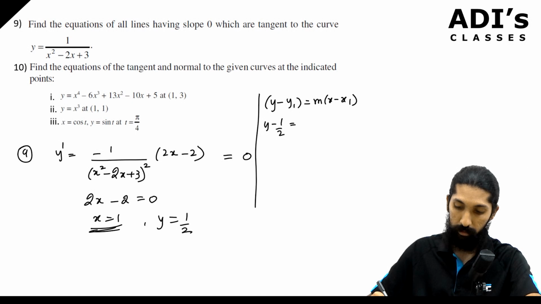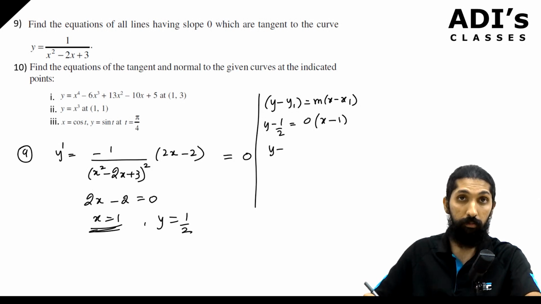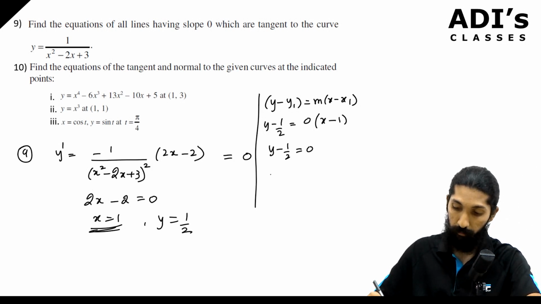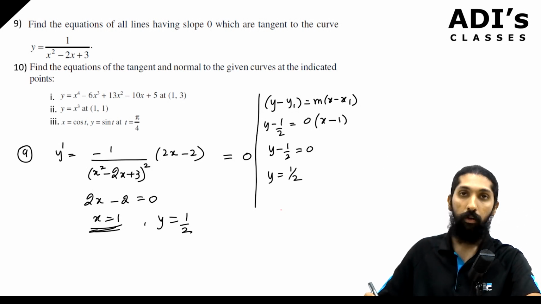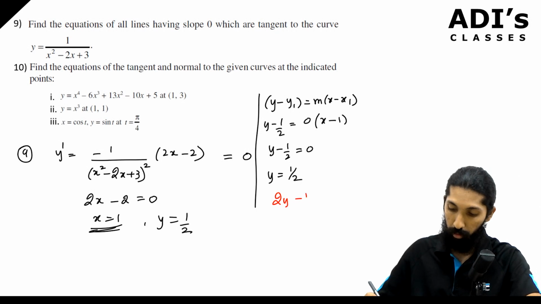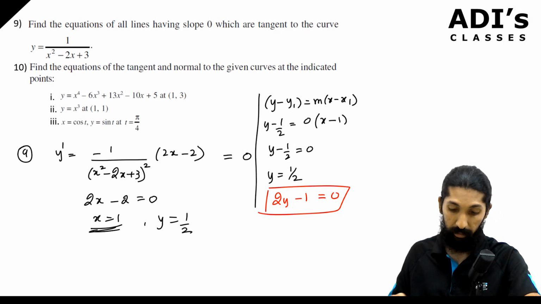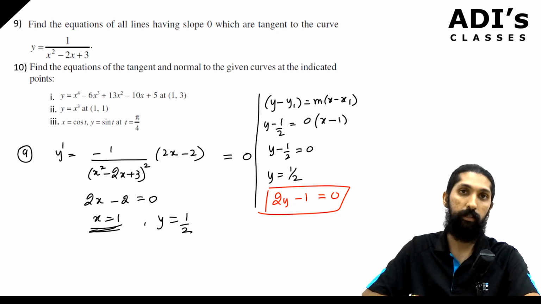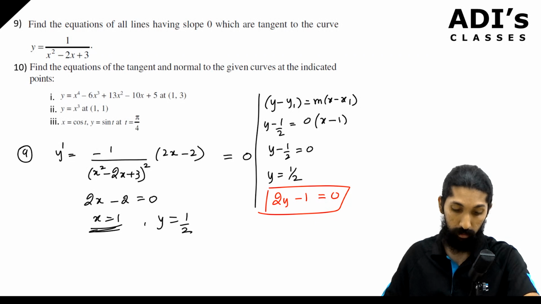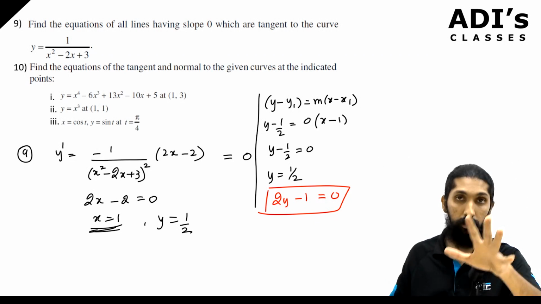So y minus half is equal to 0 into (x minus 1). 0 into anything is 0. So y minus half is equal to 0, or y is equal to half. Or in other words, you can also write 2y minus 1 is equal to 0. So this is going to be the equation. Basically, it is a line which is parallel to x-axis. That's all. So this is the answer for the 9th one.